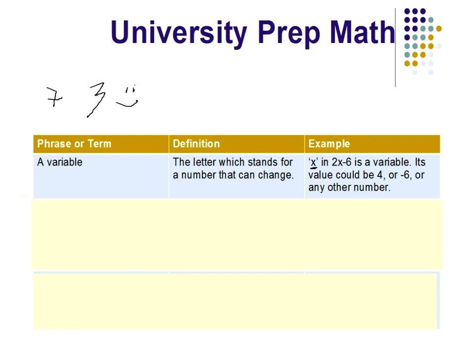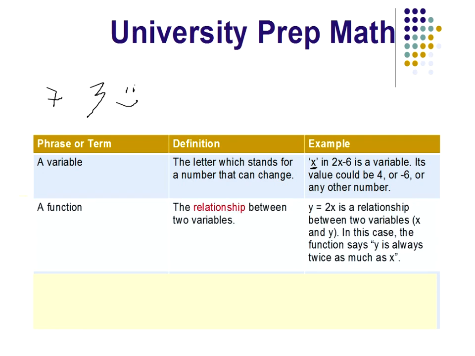And so these variables are related to each other in what's called a function. And a function is just a relationship. So y equals 2x means that whatever the x is, y is going to be twice that value, always. In a different relationship, y might be 1/3 x, or it might be y equals 2x squared plus 4x.